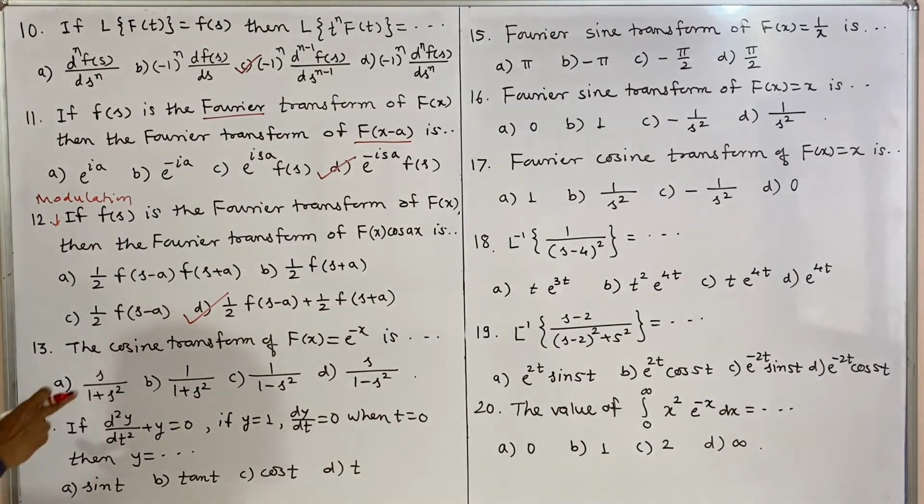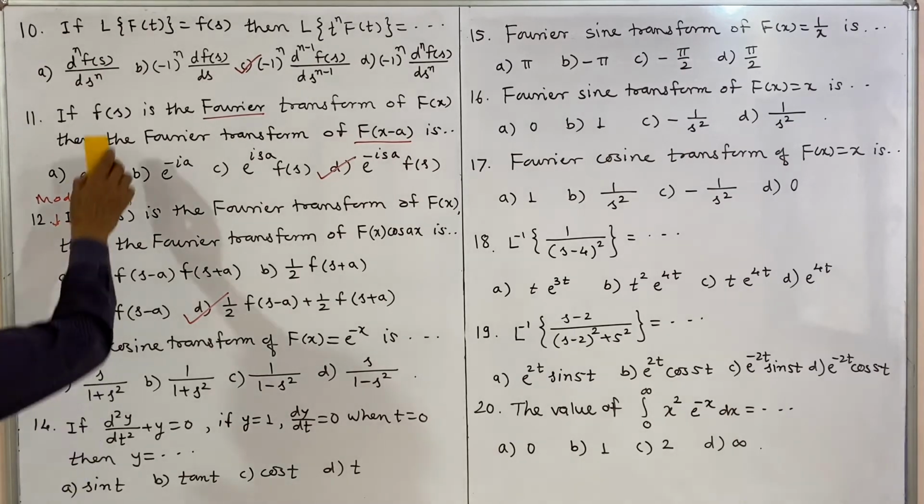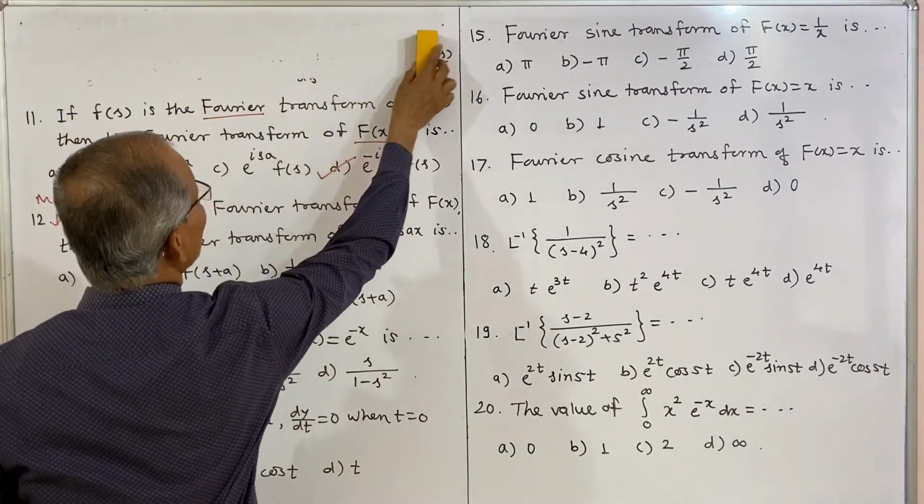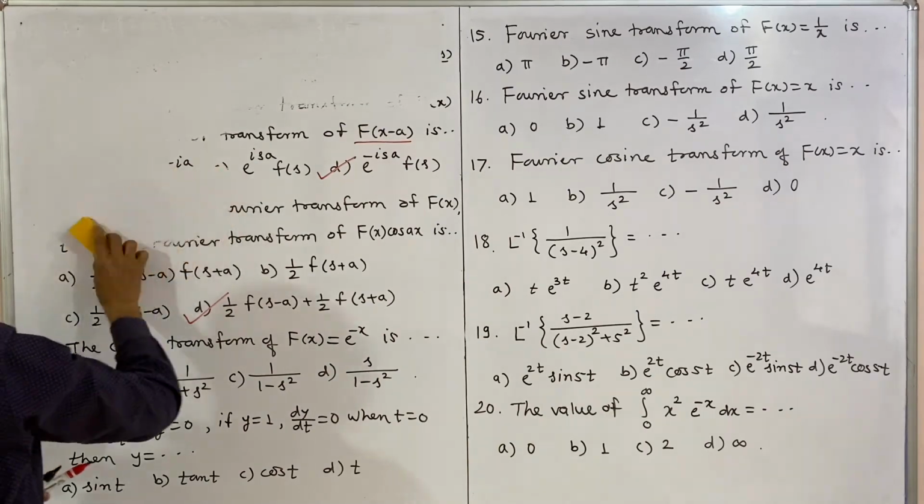The next is, the cosine transform of f of x is equal to e power minus x is which of the following. Now we shall consider the Fourier cosine transform.